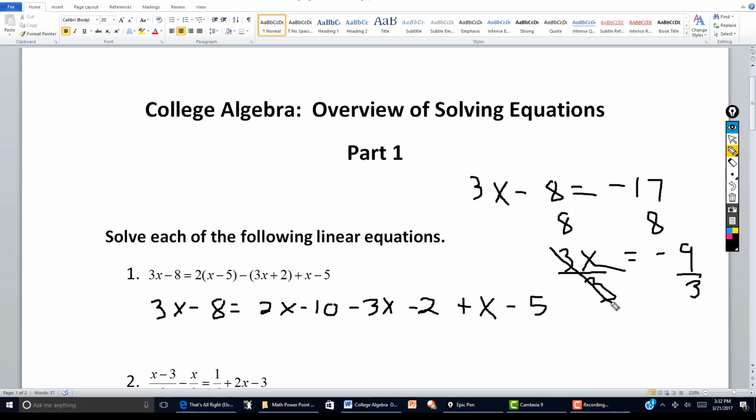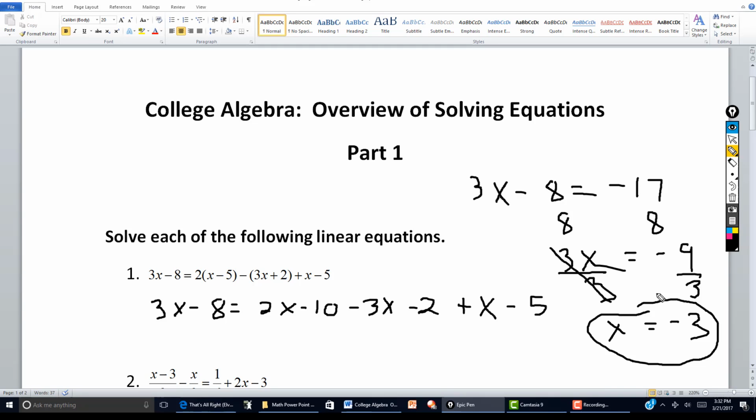This actually becomes a 1x, which is the same thing as x. So I just write down x. And then negative 9 divided by positive 3 is a negative 3. So the solution to this one is x is equal to negative 3.